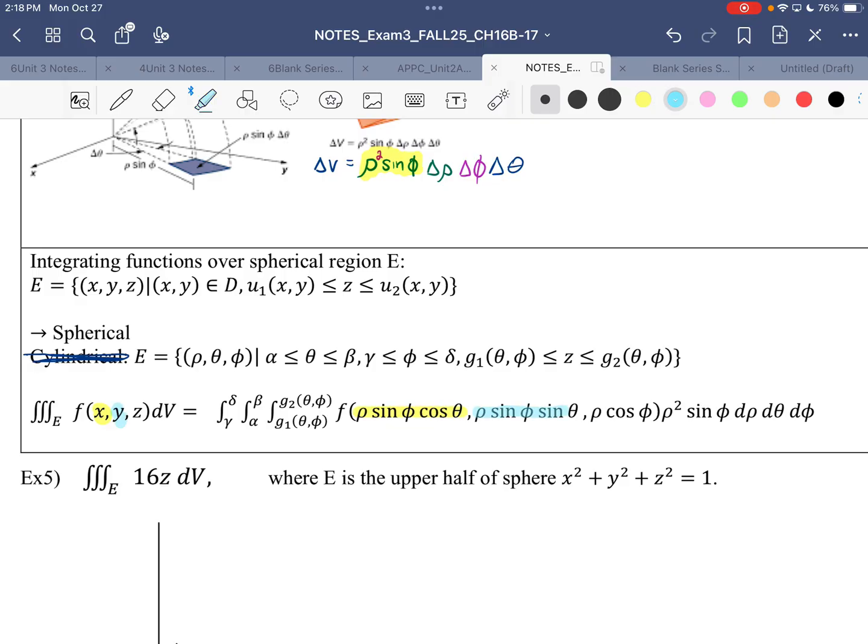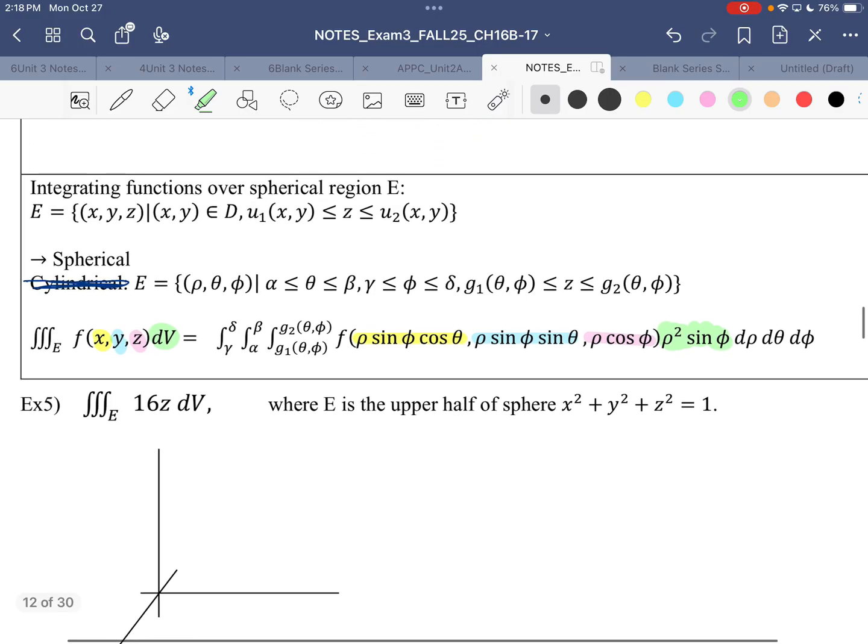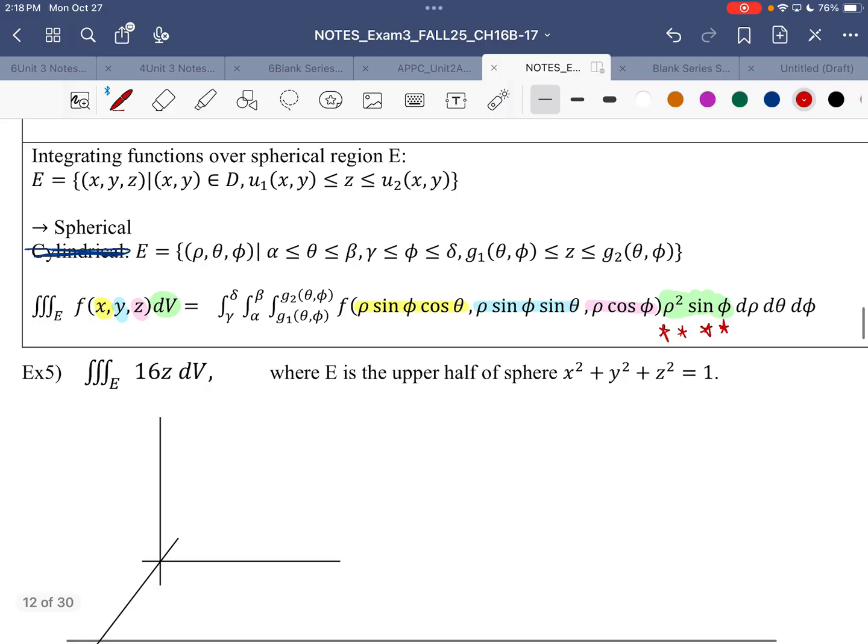Y is rho sine phi sine theta. Z is rho cosine phi. And then dV, make sure you multiply by rho squared sine phi. If there's something you're going to forget to do, I don't think you're going to forget to change the x's, y's, and z's. You're going to forget to multiply by rho squared sine phi.